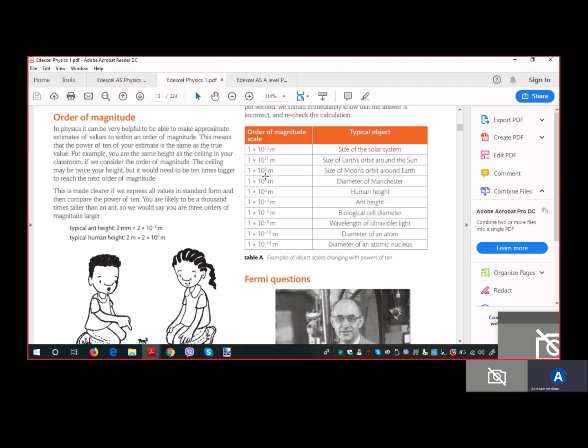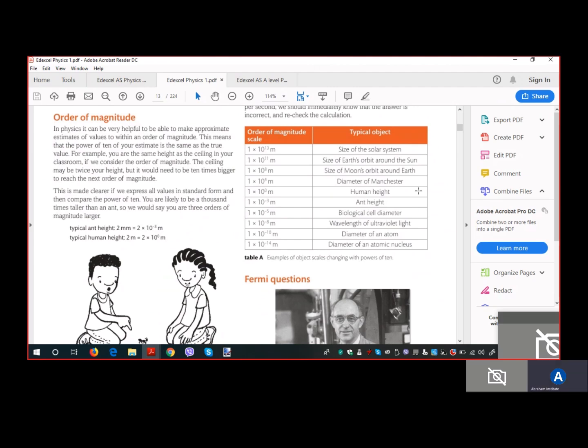Or rather, it is the circumference of the moon's circular path around the Earth. Then this, for the Earth, is the size of Earth's orbit around the sun.